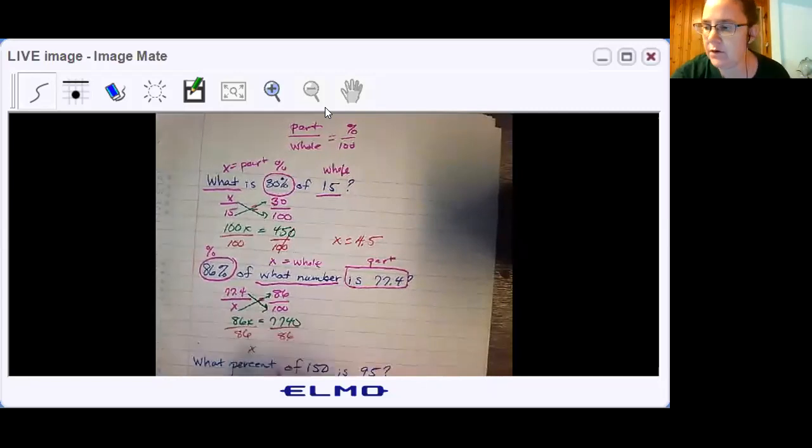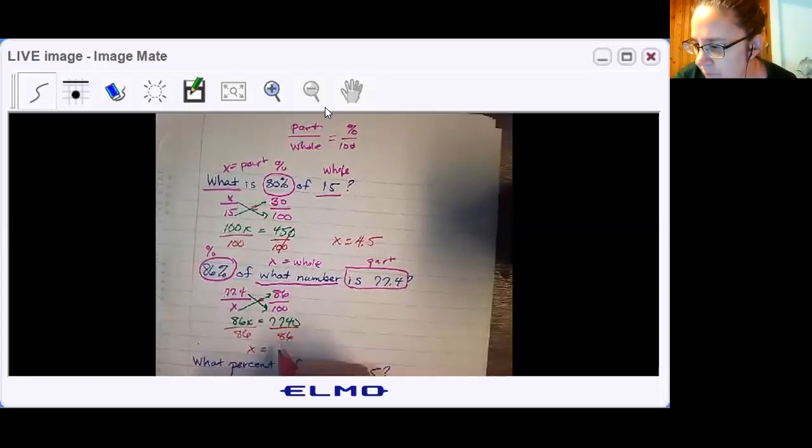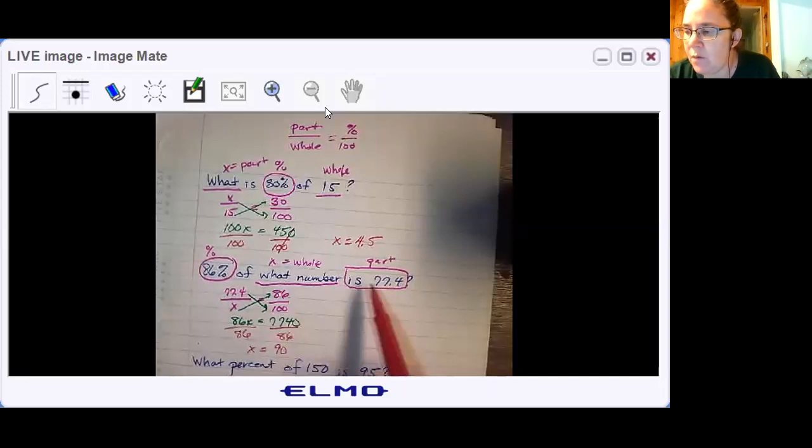I go to my calculator and I go 7,740 divided by 86, and I get 90. So 77.4 is 86% of 90.